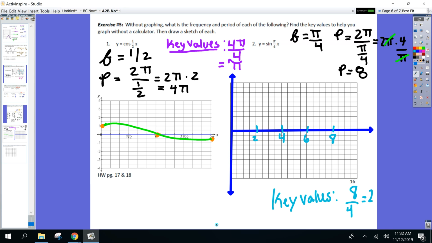Key value every 2. All right, what's the max height here going to be? Max height up and down to what? 1 and -1. Hey, if you want to make that 1 and that -1 to scrunch it in, it's up to you. I like mine to be spread out. I just ask whatever the interval is on the top, it's the same on the bottom.